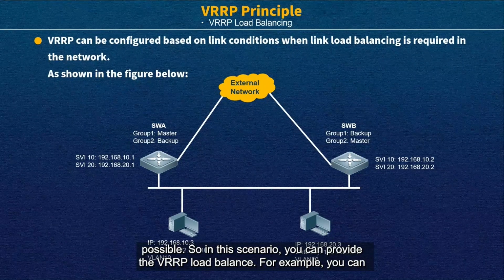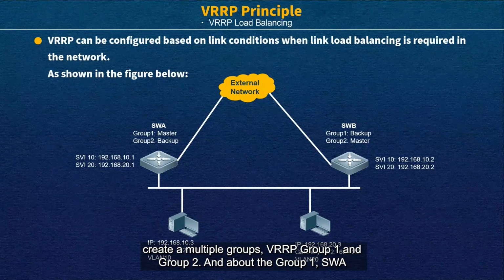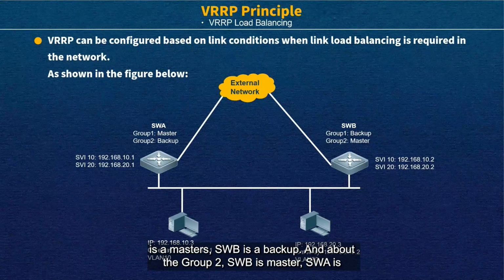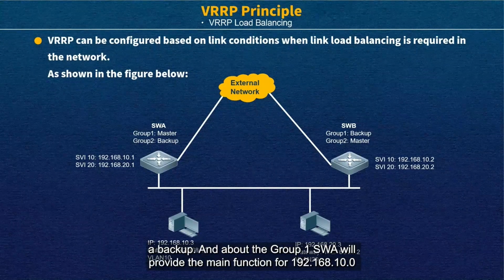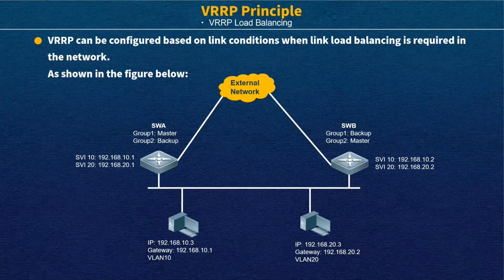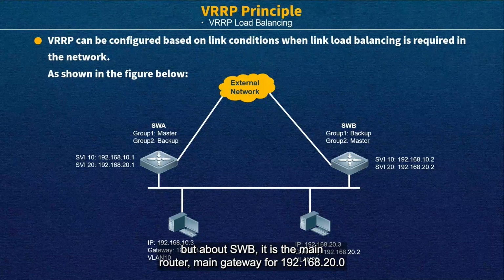For example, you can create multiple groups, VRRP group 1 and group 2. About group 1, switch A is the master, switch B is the backup. And about group 2, switch B is the master, switch A is the backup. So in group 1, switch A will provide the main function for 192.168.10.0. But switch B is the main router, main gateway for 192.168.20.0.